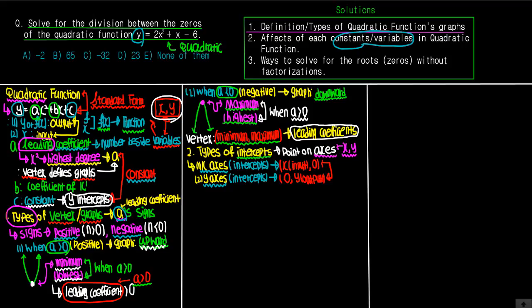And in this case, the c value, which is the y-intercept, will be on the y-axis, which means when you convert it into a coordinate, it will be when our x value, which is the input, is equal to 0, and our y value, which is the output, exists.